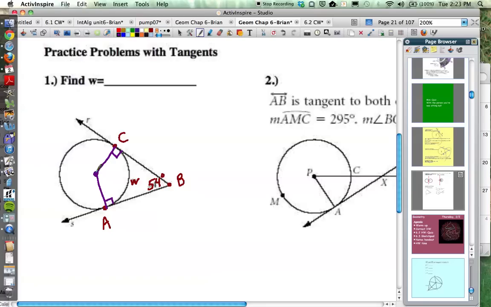Now since those are both 90-degree angles, I want you to be thinking about the fact that we really have a quadrilateral right here. And the quadrilateral goes something like from here, here, here, here, here, and here. And you guys know maybe even what type of quadrilateral that is. If we really think about it, we've got congruent, congruent, congruent, congruent, which would make it a kite.